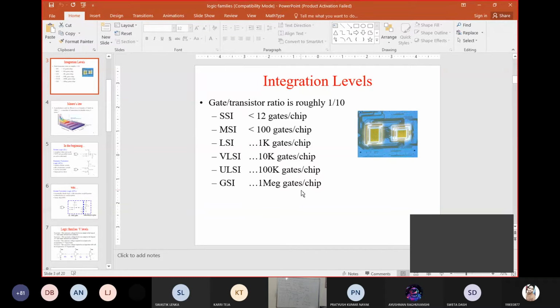So if it is 1 mega gates, now, for a small multiplexer design, it can fall in only something like a 4x1 multiplexer. Consider that. So in what category does it fall?